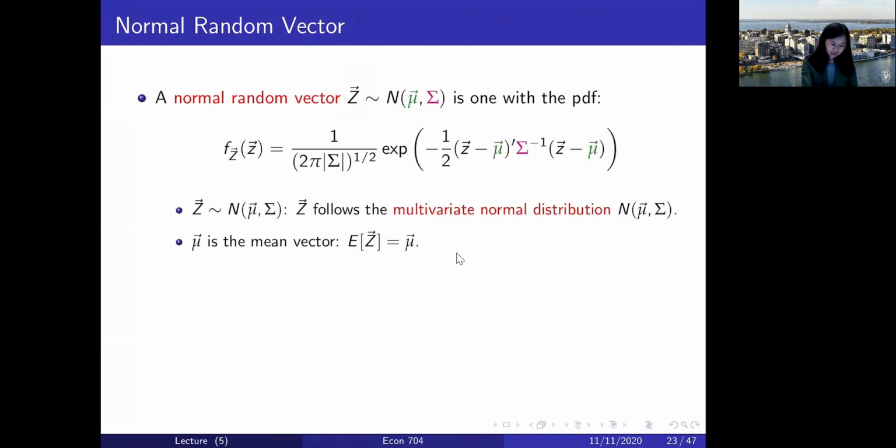Here, let's say Z is k-dimensional, then the mean vector is k-dimensional, and the variance matrix is k by k. So what is the probability density function of such a multivariate normal distribution? It is of this form. The probability density function of that random vector is of this form.